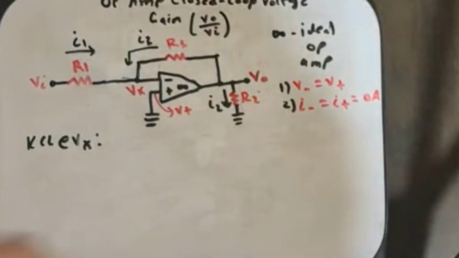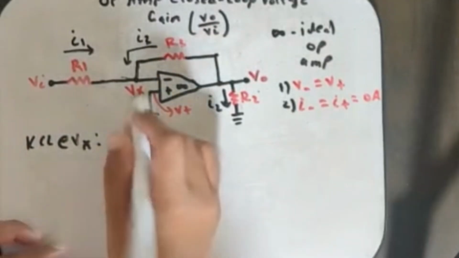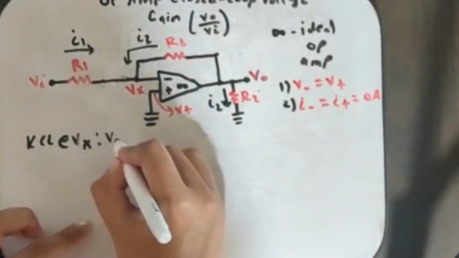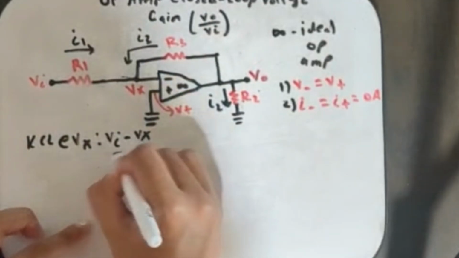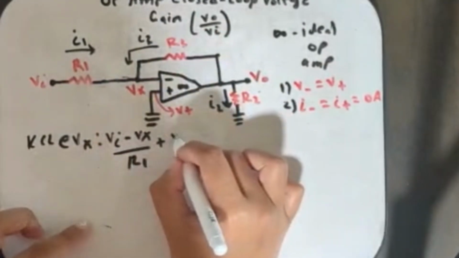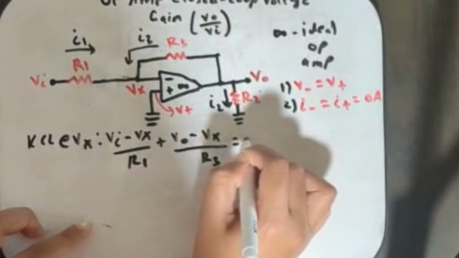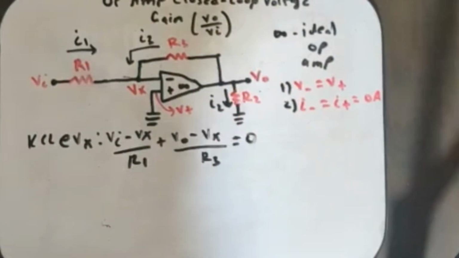So when we do KCL at Vx now, I1 is going from Vi to Vx, so it's Vi minus Vx over R1, plus, this is going from VO, VO minus Vx over R3 equals 0. That's the equation we get.